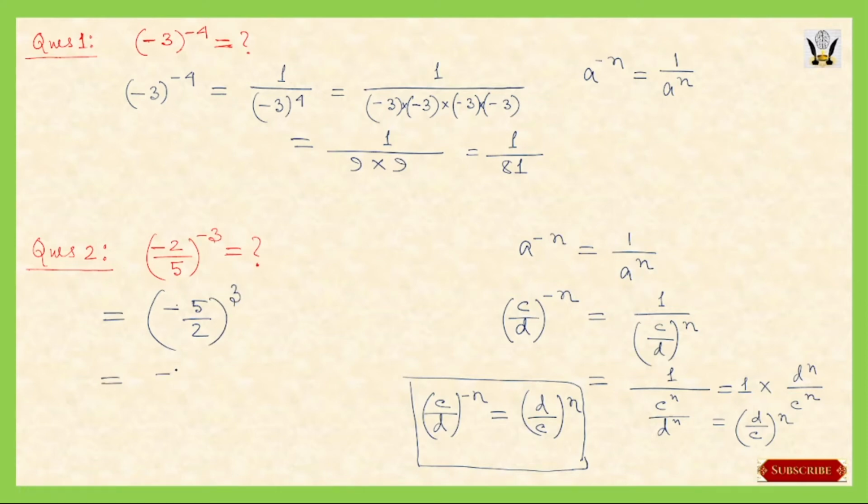So in the numerator minus 5 will be multiplied by itself 3 times, and in the denominator 2 will be multiplied by itself 3 times, or thrice. In the numerator, minus 5 multiplied by minus 5 is 25, and plus 25 multiplied by another minus 5 is minus 125. So the final answer will be minus 125 divided by, in the denominator, 8.